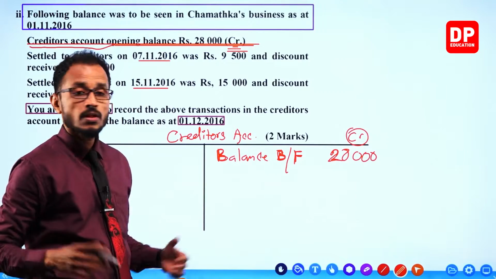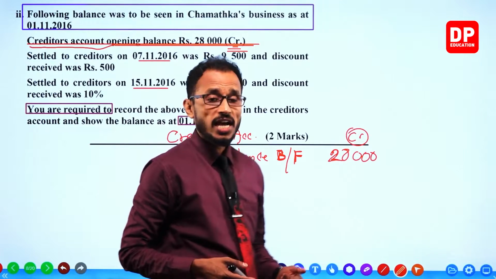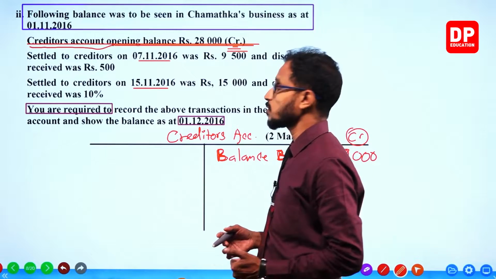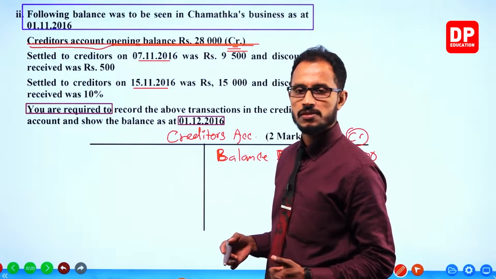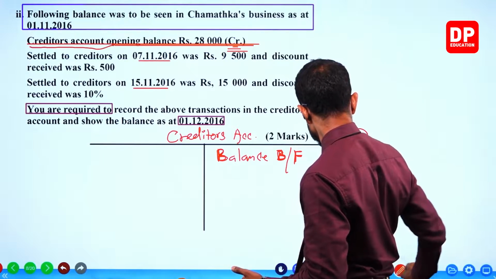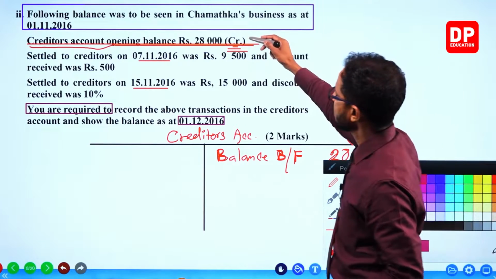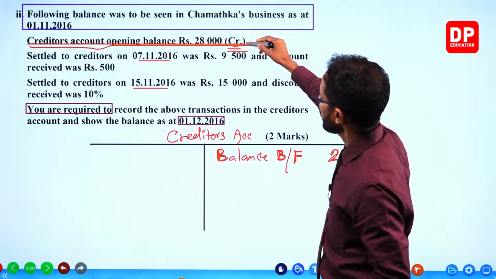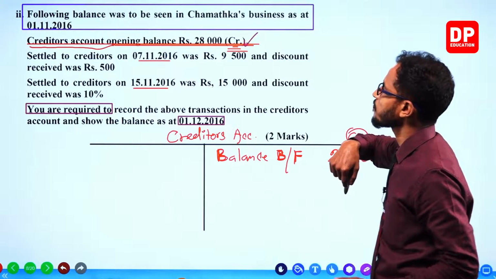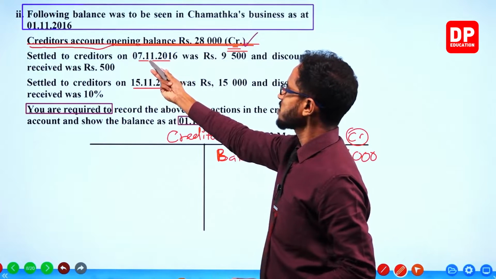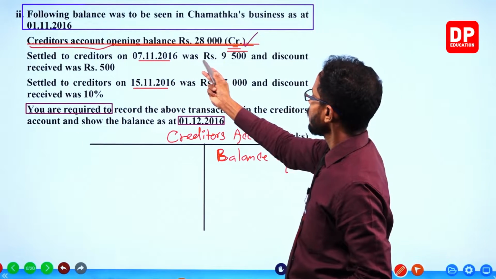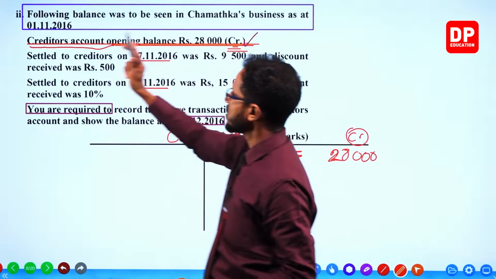Now let's look at the transactions. We recorded this one. Settled to creditors on 7th November was 9,500 and discount received was 500.